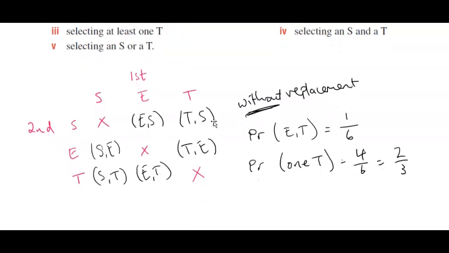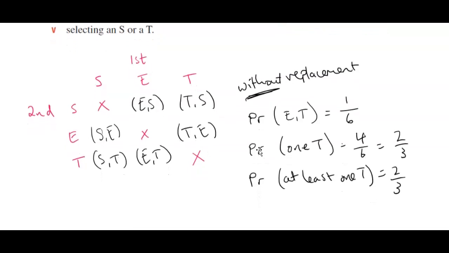Selecting at least 1T, that's going to be the same thing. So we could have TT, but because it's without replacement, we can only have 1T, so it's going to be the same, 2/3. Selecting an S and a T.